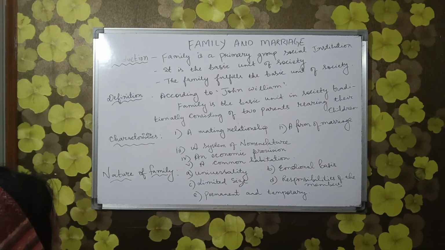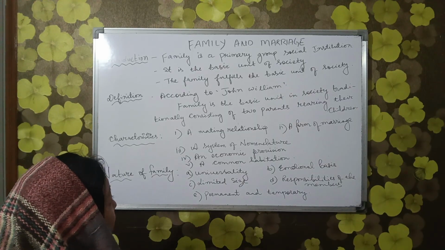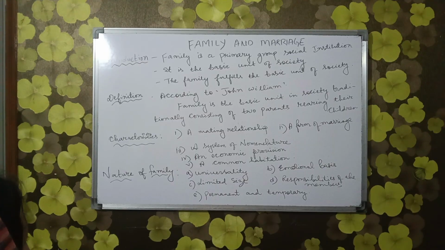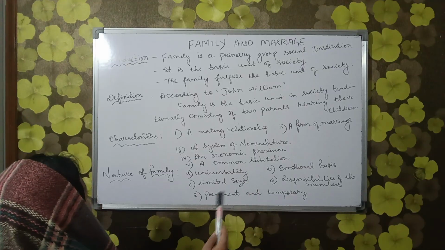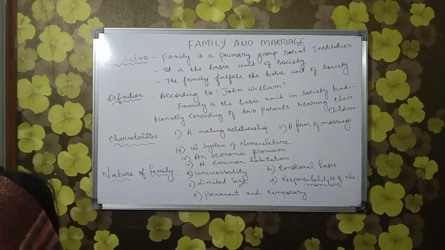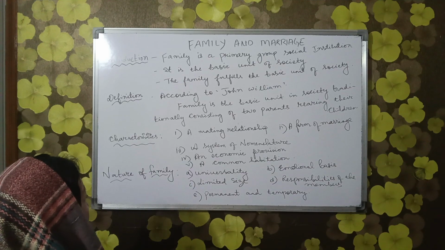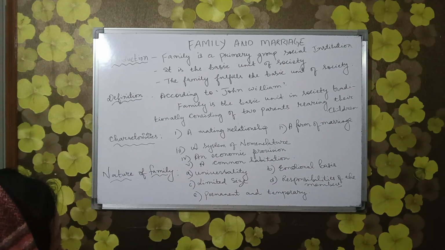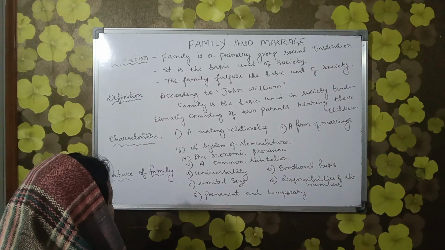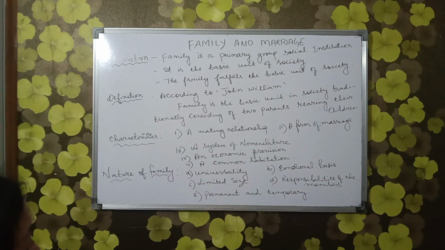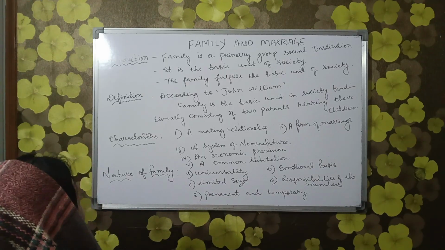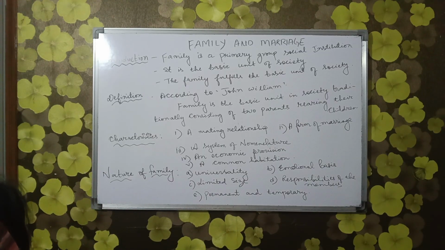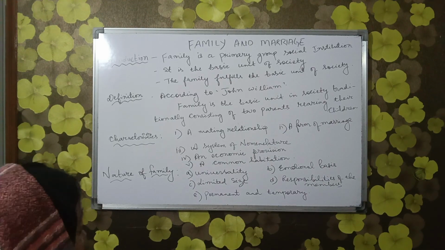And the characteristics are mating relationship, a form of marriage, system of nomenclature, economic provision, common habitation. And nature of family is universality, emotional basis, limited size, responsibilities of the members, and permanent and temporary. So next, we will discuss the functions of family.